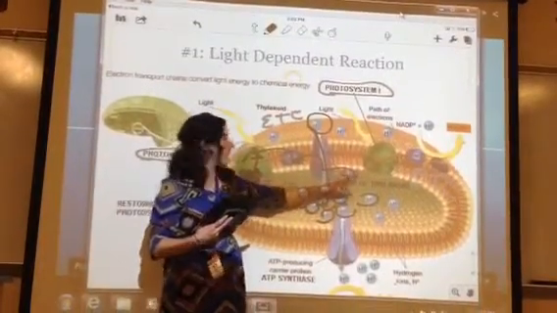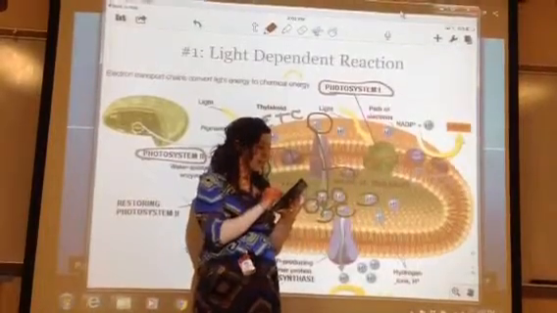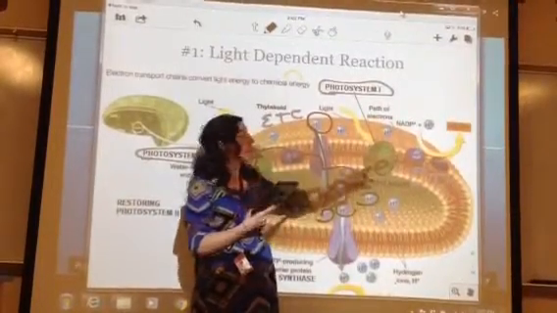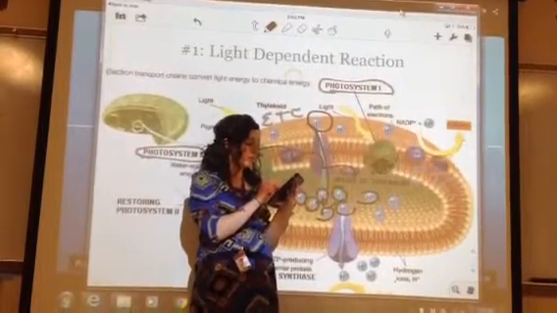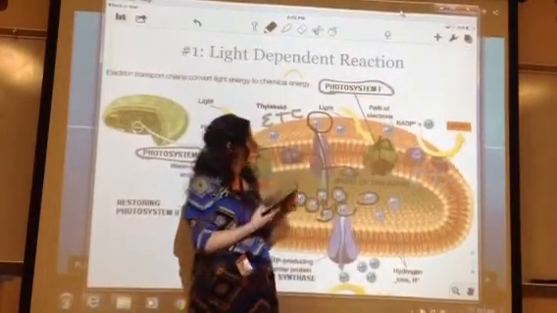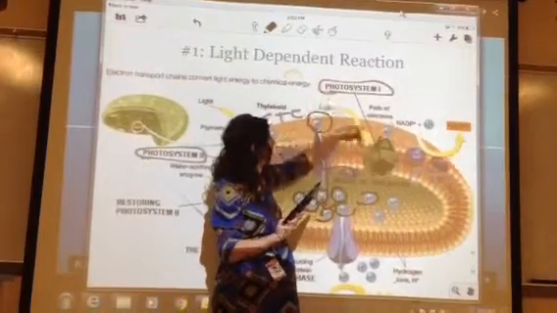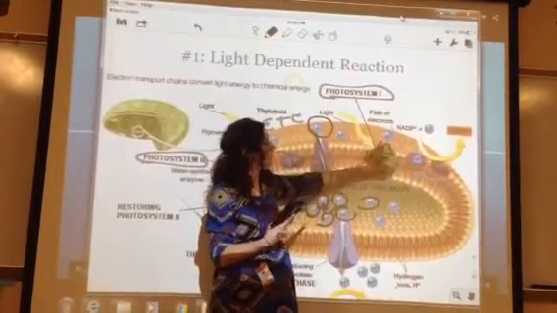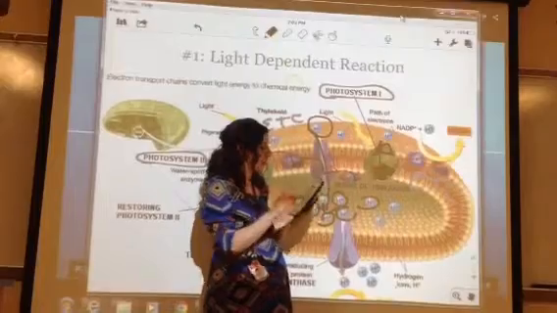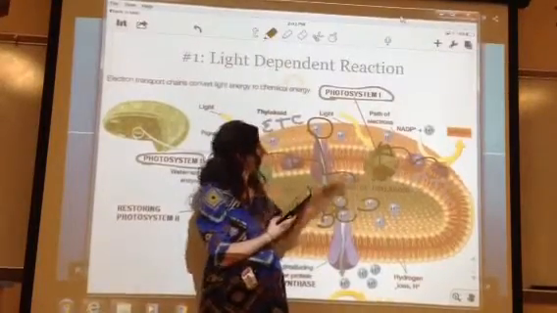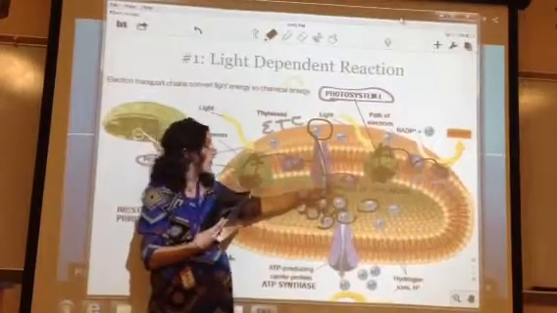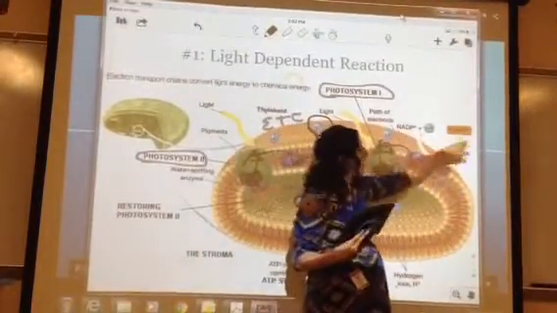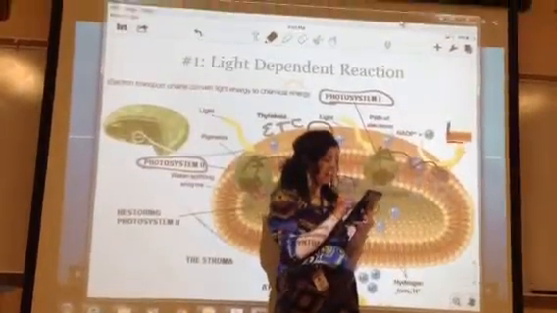Okay, then my electron continues, comes over here. We don't need to split another water because it just keeps going. And it goes ding-a-ling-a-ling-a-ling, woo! And it goes up in energy state by the light that's coming in to give it energy. And then it's going to go bloop, bloop, bloop. This time, instead of sending hydrogens across, we are making NADPH.